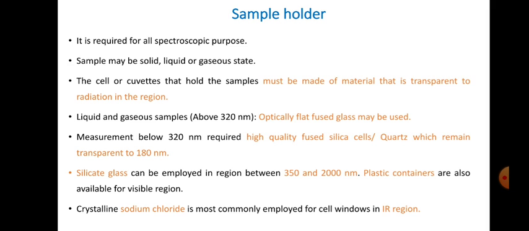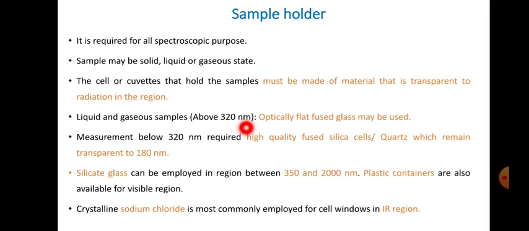If you have liquid and gaseous samples and you want to measure their absorbance above 320 nanometer, then we should go for optically flat fused glass, which is desirable because it remains transparent above 320 nanometer.